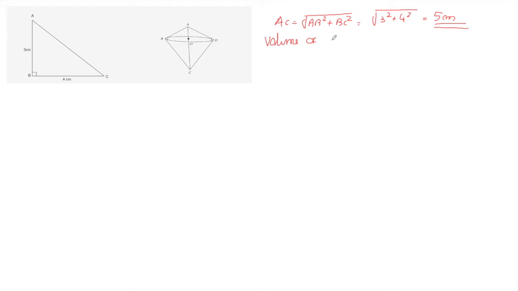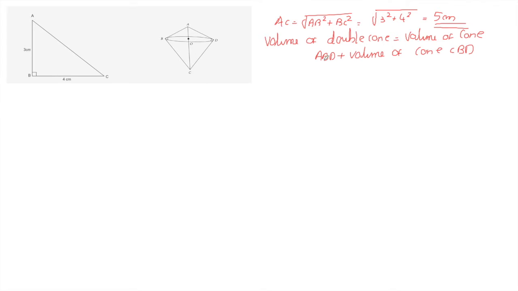Volume of double cone is equal to volume of cone ABD plus volume of cone CBD.